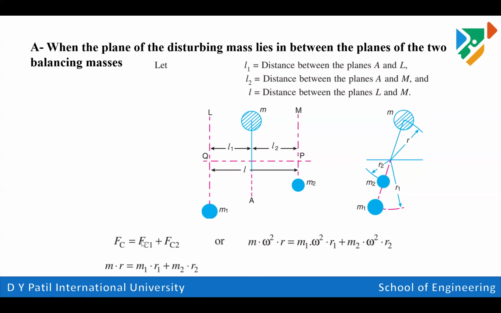Look at the centrifugal force acting on this mass. Total centrifugal force Fc will be Fc1 plus Fc2. Again, the centrifugal force we can write as m r omega square, which is m1 r1 omega square plus m2 r2 omega square. Again, omega will get cancelled out. So we have m r is equal to m1 r1 plus m2 r2. That is the correlation between the centrifugal forces.